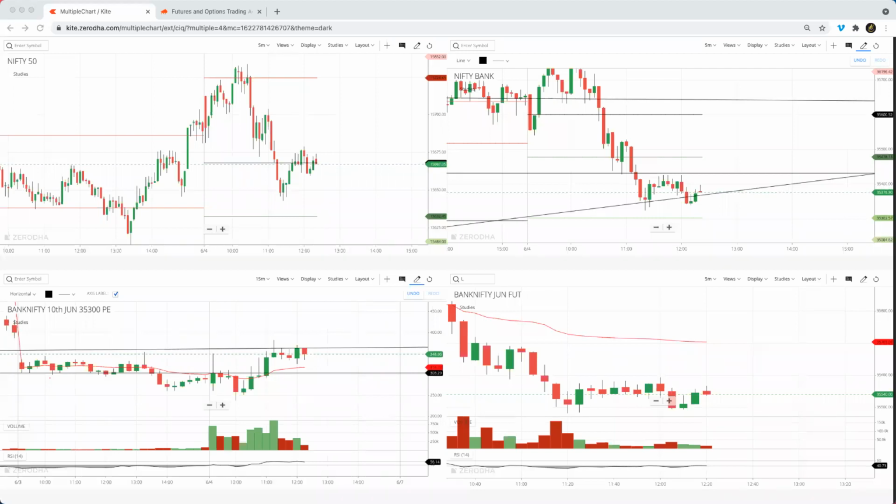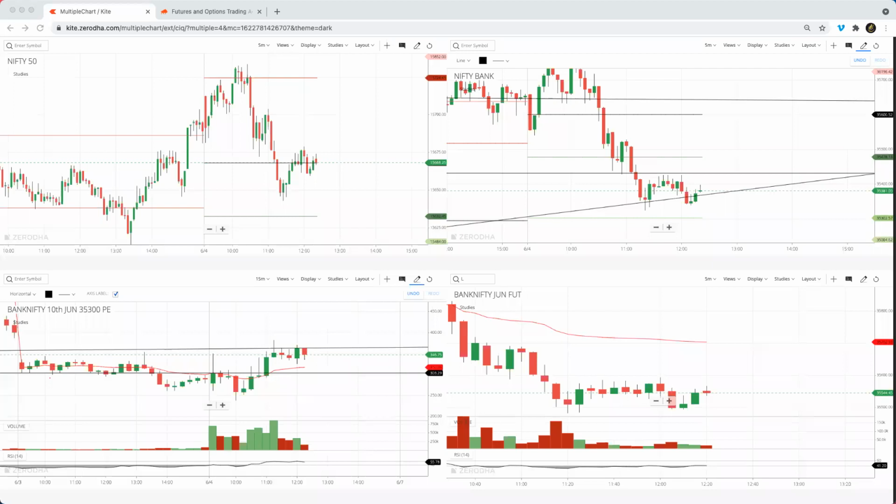So I'll share that with you. How many of you feel Nifty could settle above 15,700 the coming week? Okay, so what about the rest?